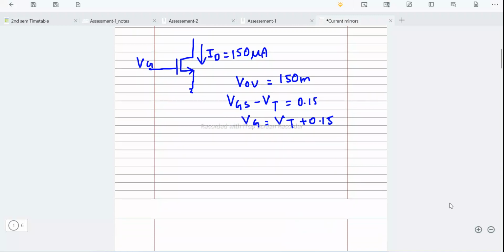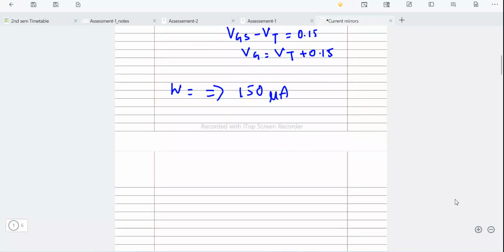The very first step is that we need to design for 150 microampere. We don't exactly know what value of width corresponds to 150 microampere. So initially we have to assume certain things, that is we shall start the iteration with W something like say 4 micrometer.